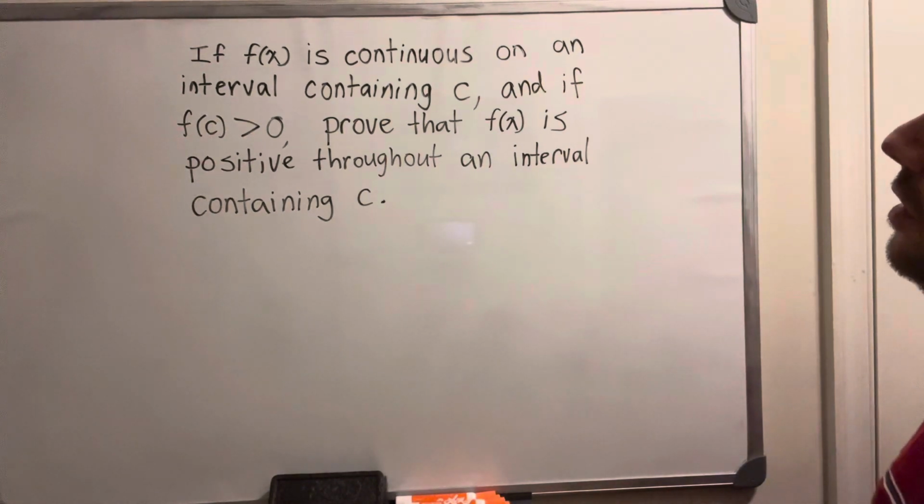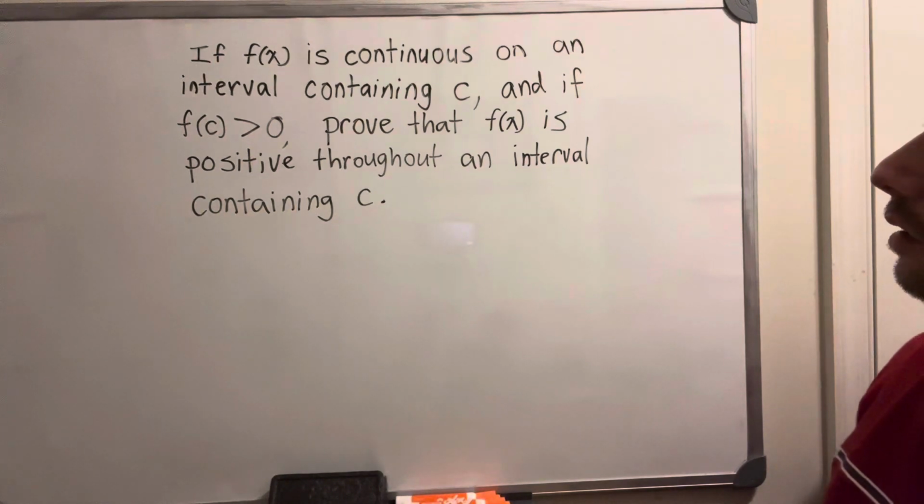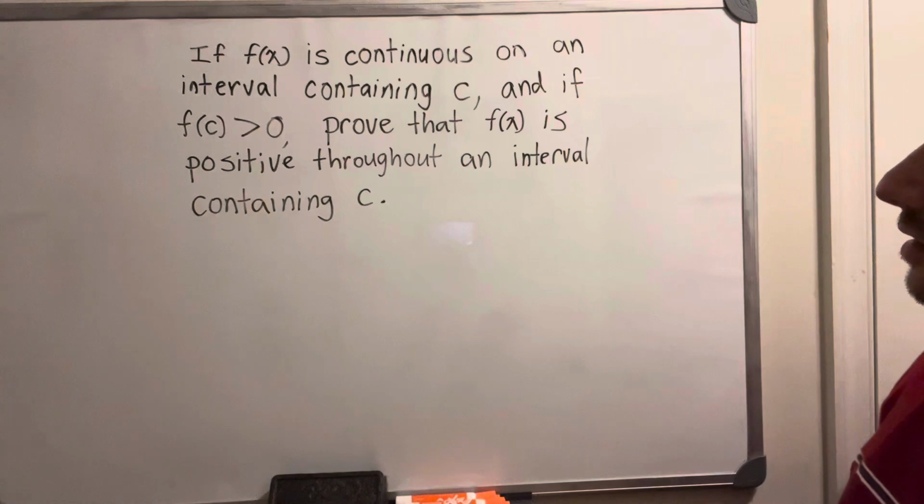So let's read this. If f of x is continuous on an interval containing c, and if f of c is greater than 0, prove that f of x is positive throughout an interval containing c.